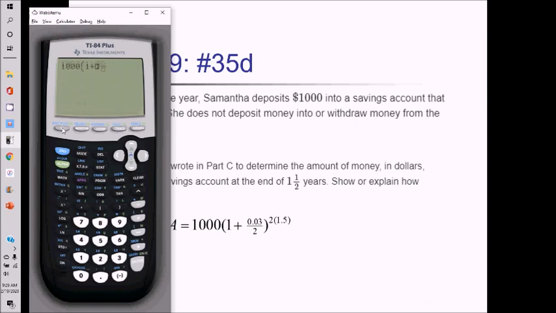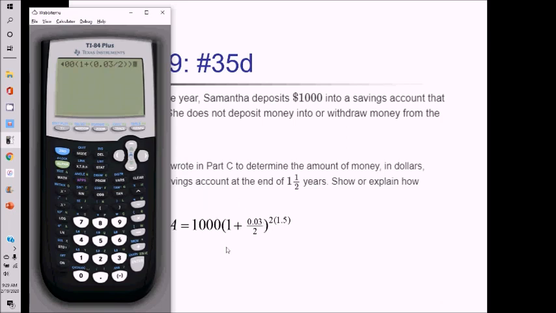Or actually, if you don't want to do it that way, another way you could do it, just to get rid of that and show you an alternate way, you could open another parentheses. You could do 0.03 divided by 2, close the parentheses, close another parentheses. This second parentheses now is the actual parentheses we're showing here.